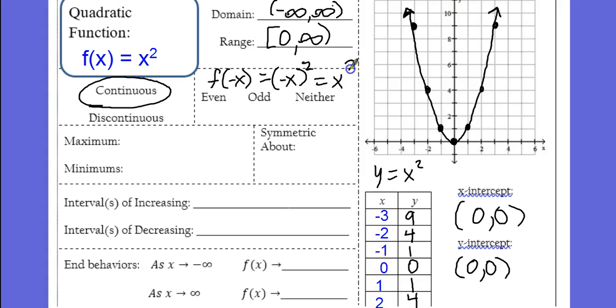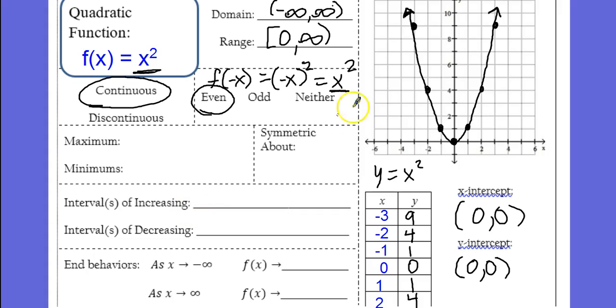It's x squared. -x times -x is +x squared. That is exactly the same as it was to begin with. Because when I square a negative versus when I square a positive, I always get the same positive result. Therefore, we would call this an even function.